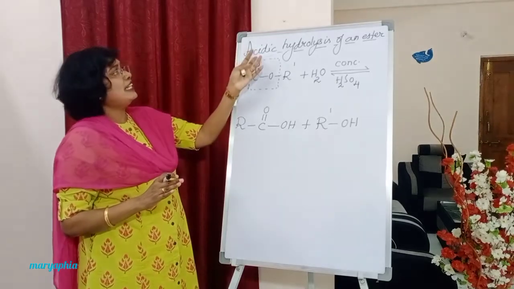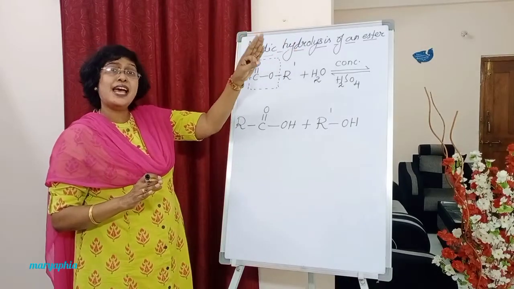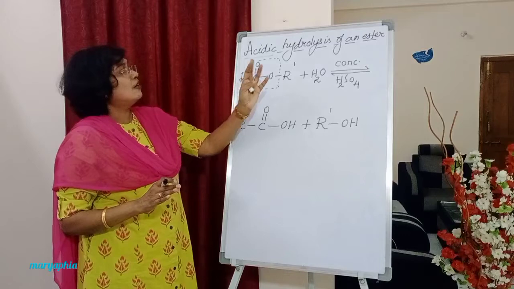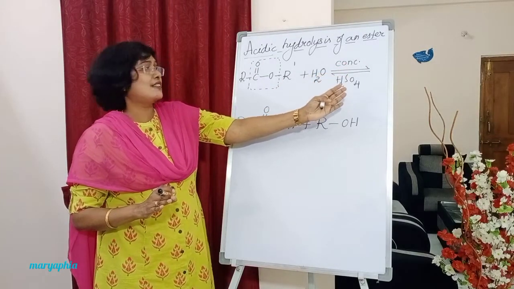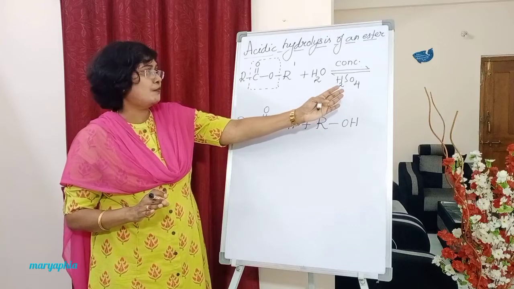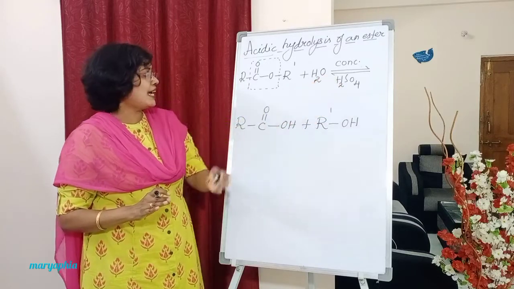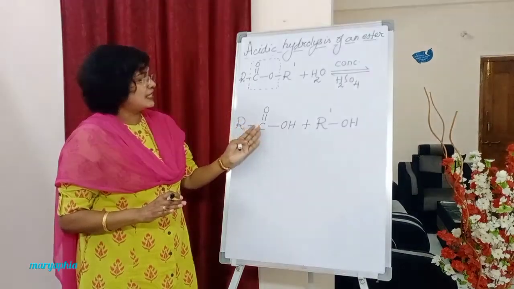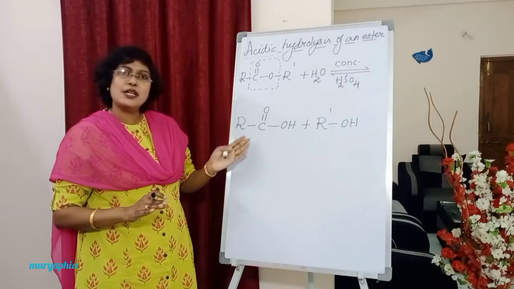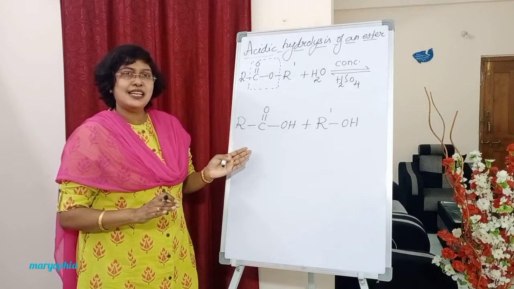Now, acidic hydrolysis of an ester. Ester on hydrolysis in the presence of an acid, let us take concentrated H2SO4, sulfuric acid, gives the corresponding RC=OH. What is this called? Carboxylic acid.